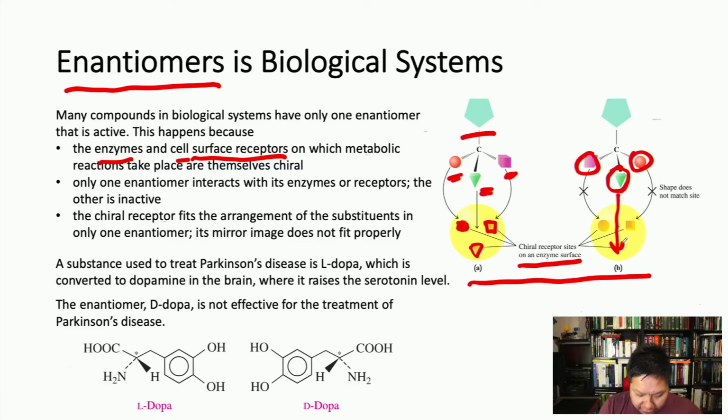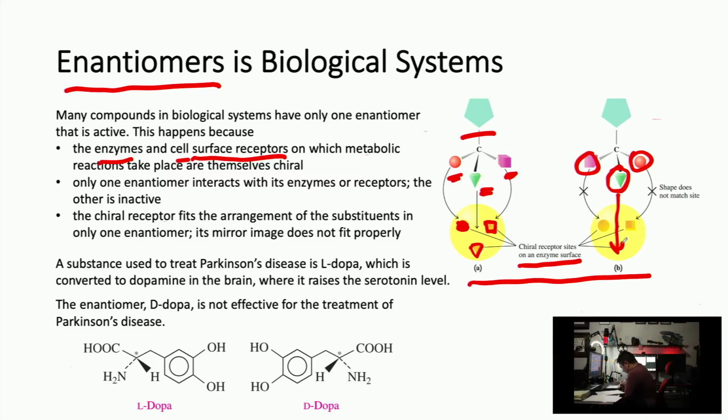So one of the most common and well-known chiral molecules used in medicine, and we actually use it a lot in biochemistry too, is called L-DOPA. Right? L-DOPA is used to treat Parkinson's disease. Interestingly, by the way, L-DOPA is L-3,4-dihydroxyphenylalanine, so it's an amino acid, okay?